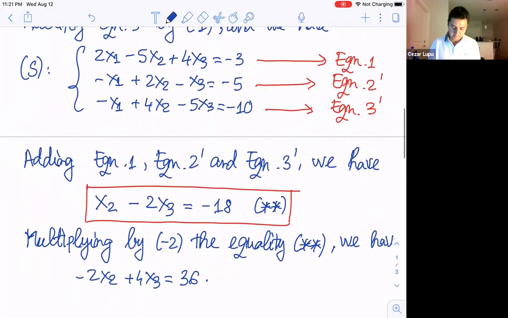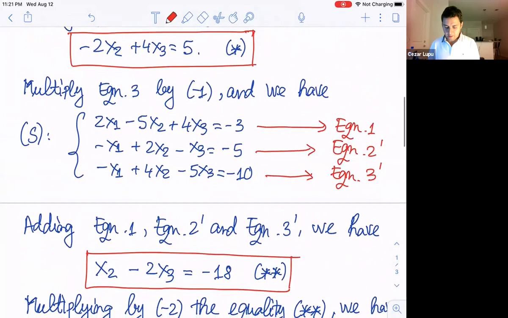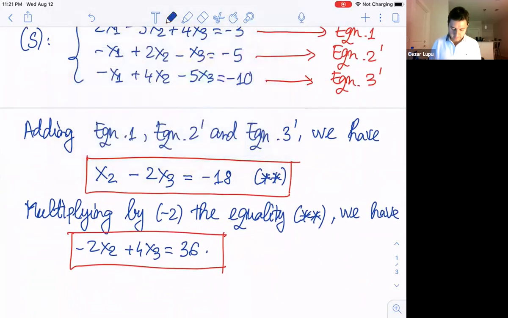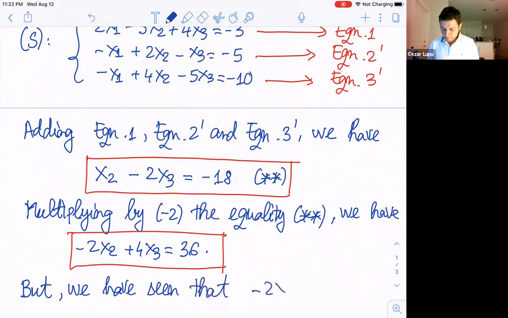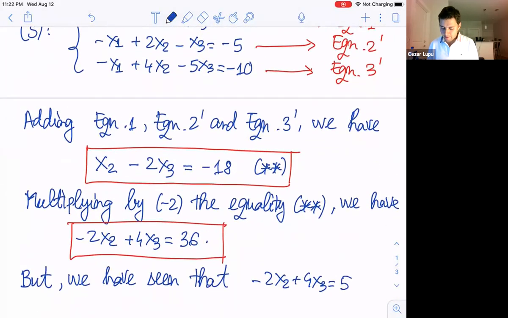And now let's look at this again. But also if we look above, negative 2x2 plus 4x3 equals 5, which is star.